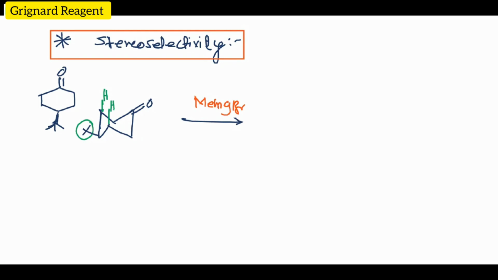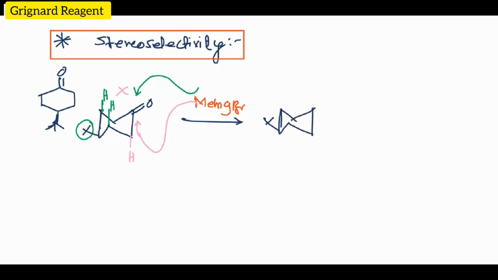That means if this nucleophile is coming from this side, it feels the crowding of two hydrogens and one tertiary butyl group. And if it is coming from the downside, then it only feels the hydrogen. So basically, which will be the better route now? This will be highly crowded because you cannot approach that nucleophile from the upside. So the resulting product will be developed.